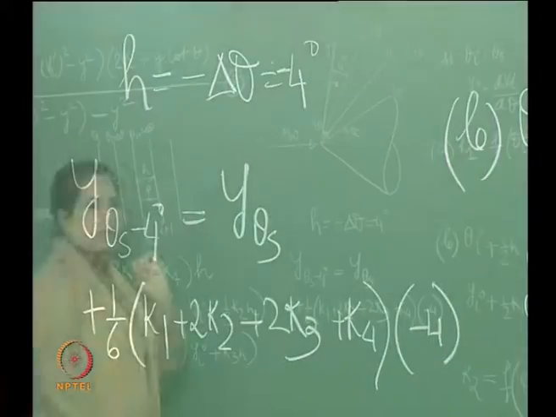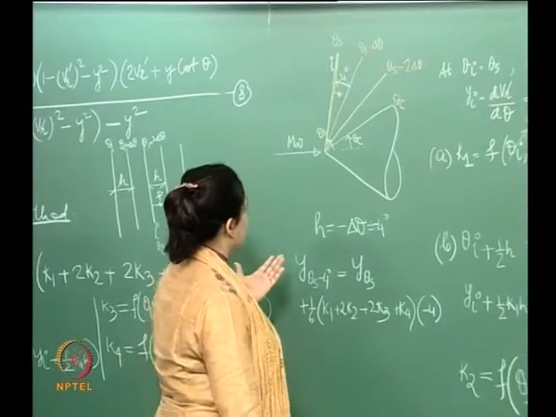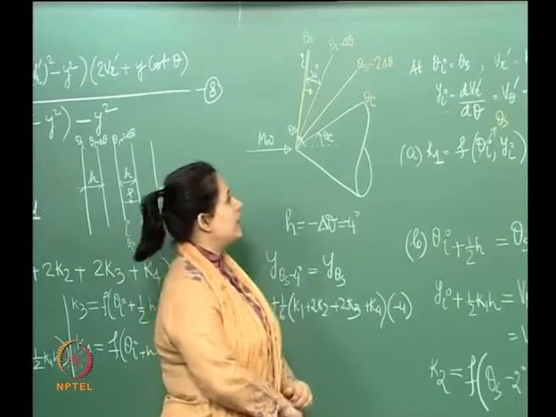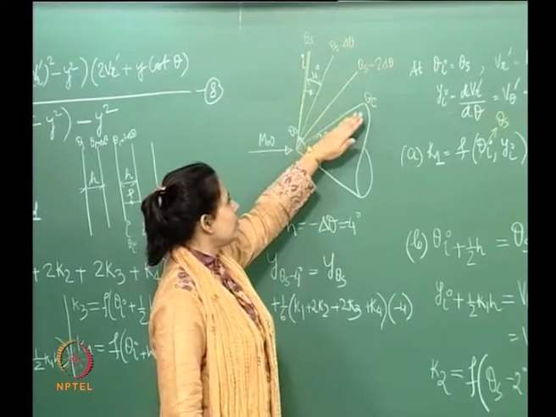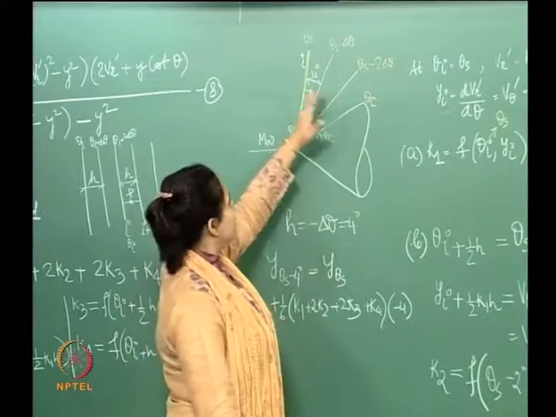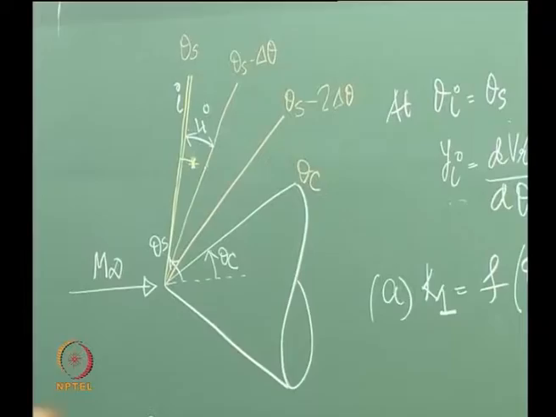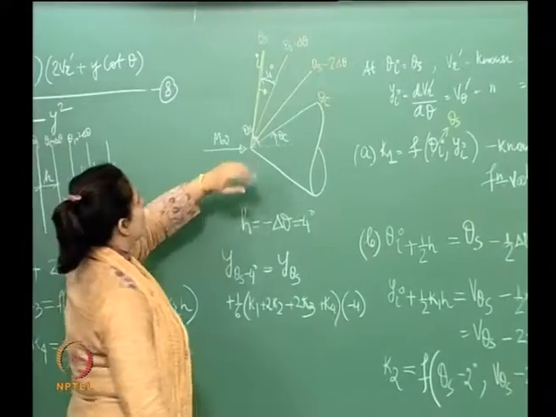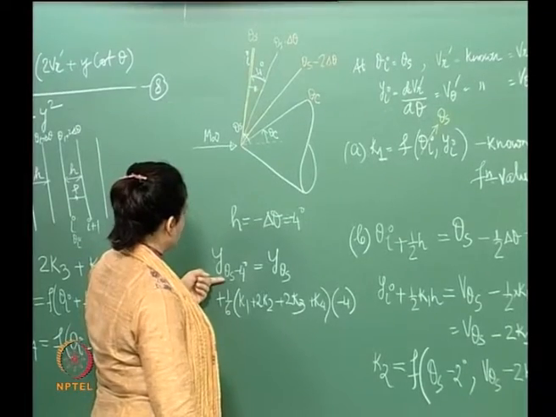Now just take a step back and look at what we did here. Our main job was to use the Taylor-Maccoll theory, solve this, and get the properties in this space as well as on the surface of this cone. We have drawn several radial lines. We started from the shock using this theta s, and the corresponding y I and v r dash are known to us over here.